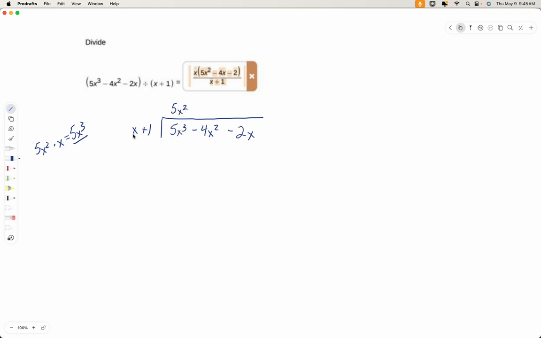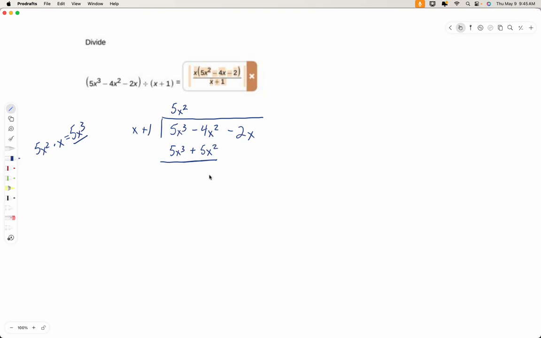But this is where we have to take the other term into account. Once we get the quotient up here, then we apply the quotient to everything in the divisor. So 5x squared times a positive 1 is a positive 5x squared, right?